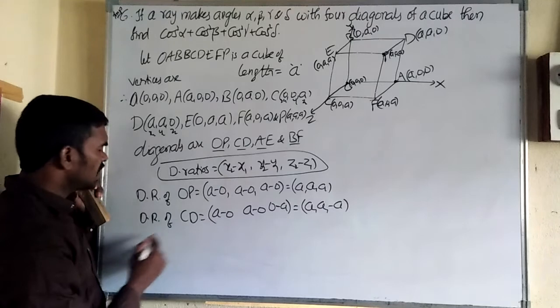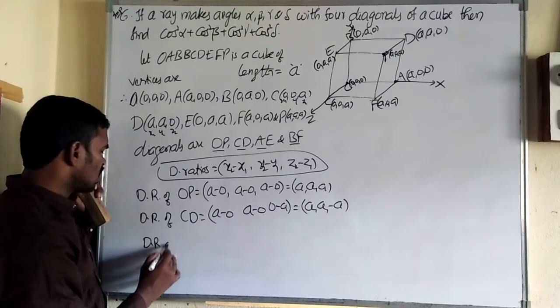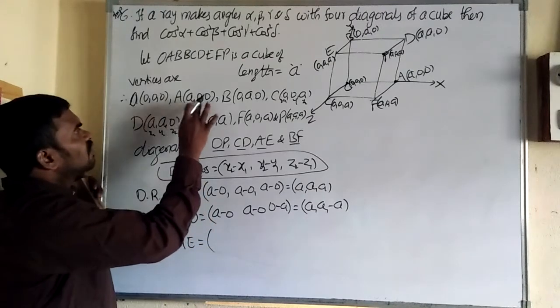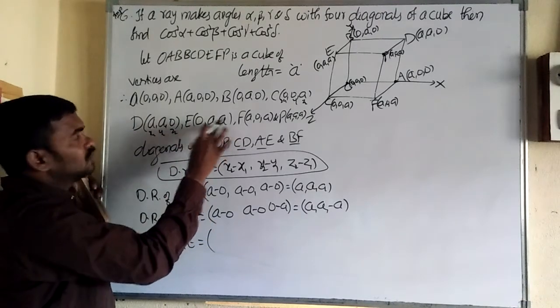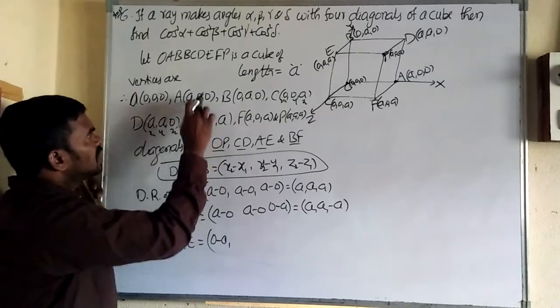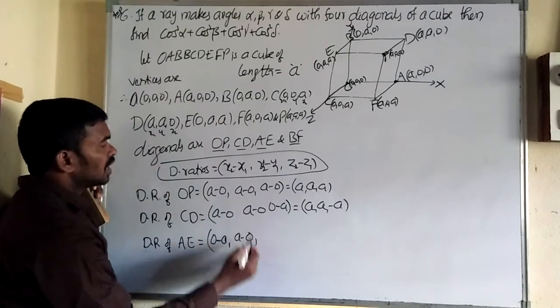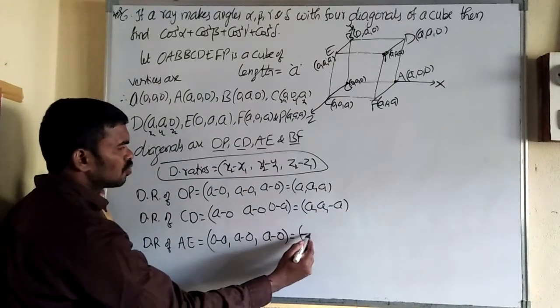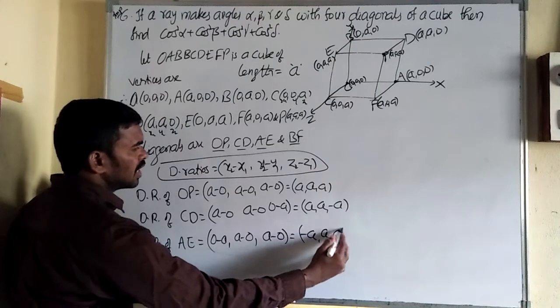So we get a, a, minus a. Similarly, AE. So direction ratios of AE: for A, x1, y1, z1, E, x2, y2, z2. So 0 minus a. Next, a minus 0. Next, a minus 0. This is a simple problem, okay? So minus a, a, a.